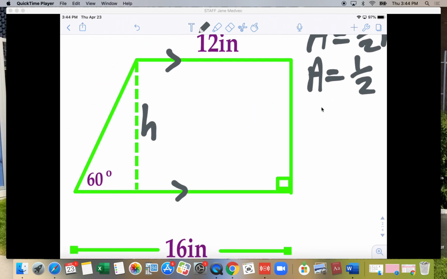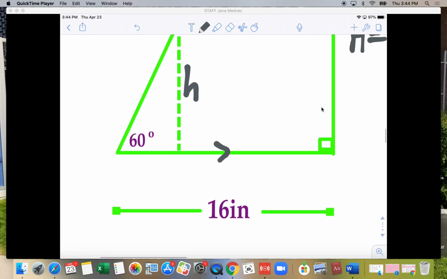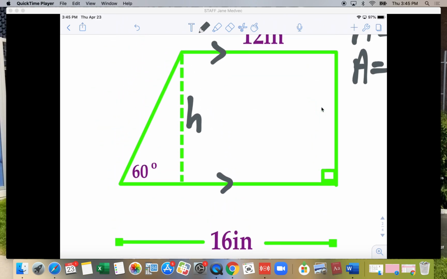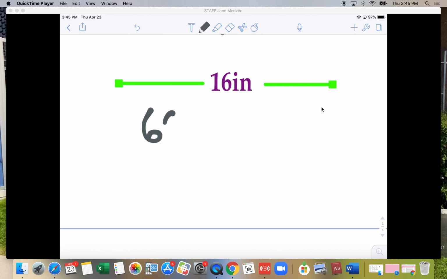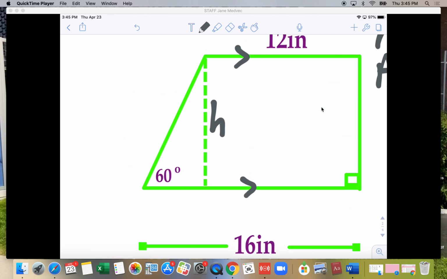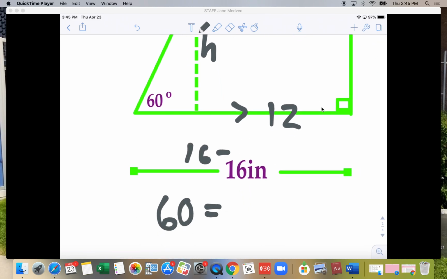That's a problem, okay? And I can't do it like before because that triangle is a 30, 60, 90, and that isn't an isosceles triangle. So one way of handling this is I can use trig. So I'm going to take 60 degrees, okay, and I know that this piece right here is 12, and I know that 16 minus 12 is 4, so this piece is 4.